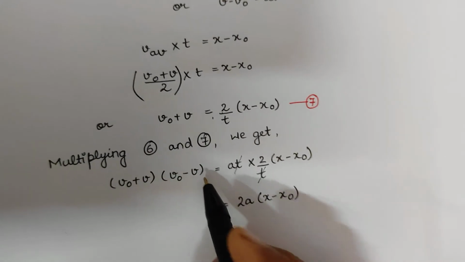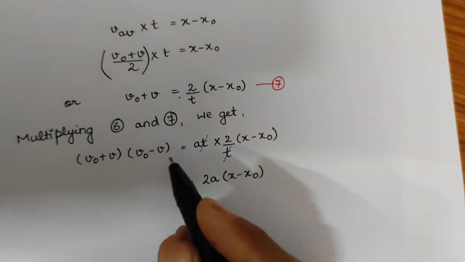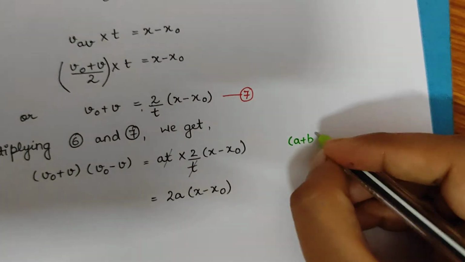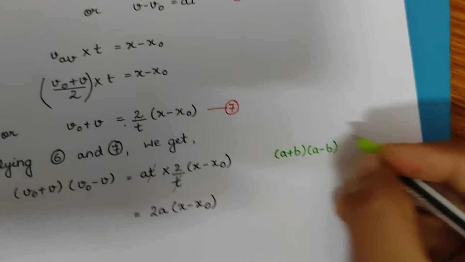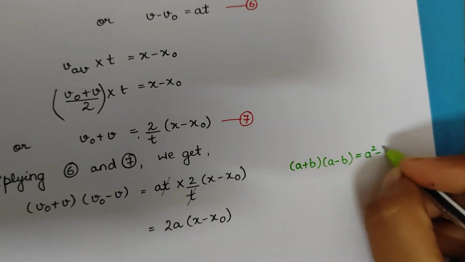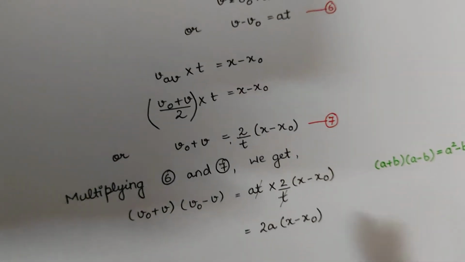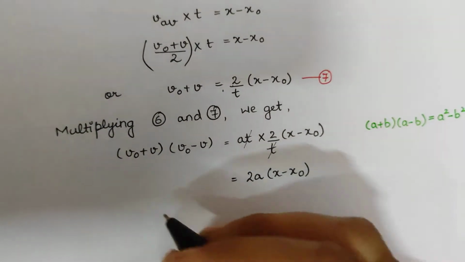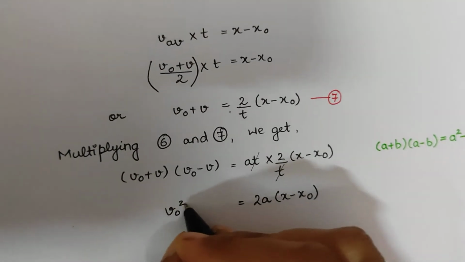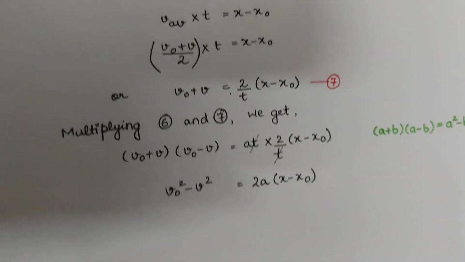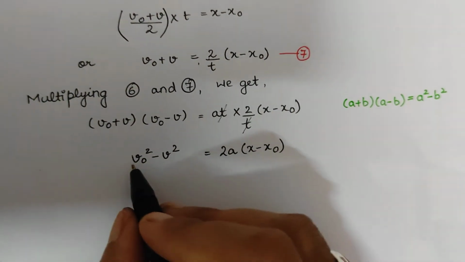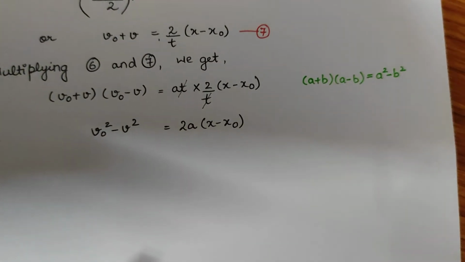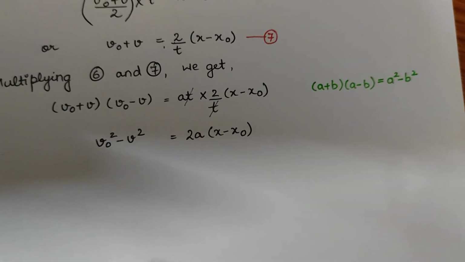What will we get on the left hand side? As we know, a plus b into a minus b gives us a square minus b square. Here it is in the form of a plus b and a minus b, so we get v naught square minus v square. So we get v naught square minus v square is equal to 2a x minus x naught.